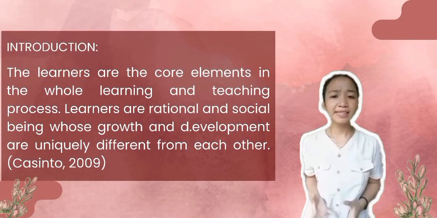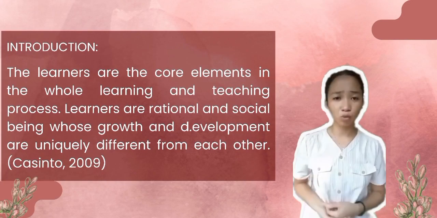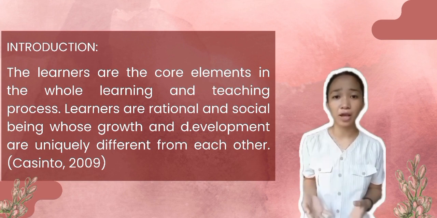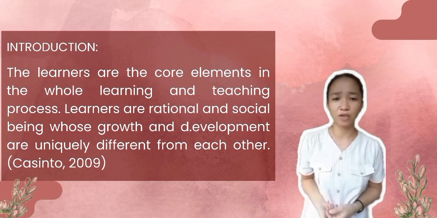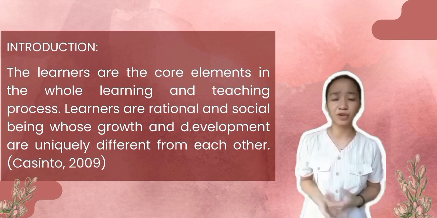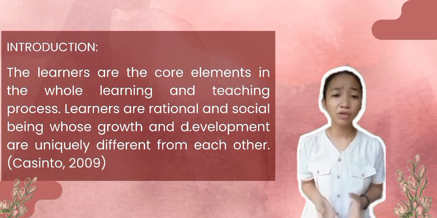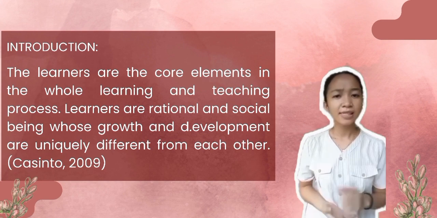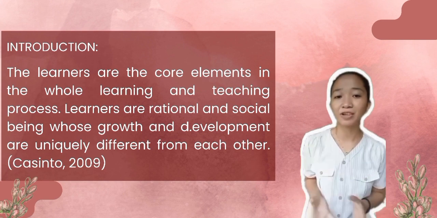This means that students are the center of everything that happens in school. Each student is different in how they grow and learn, and they are both logical thinkers and social individuals. To explain this further, think of a classroom with many students. Each student has their own way of learning and understanding things. Some students might be good at math, while others are better at reading.